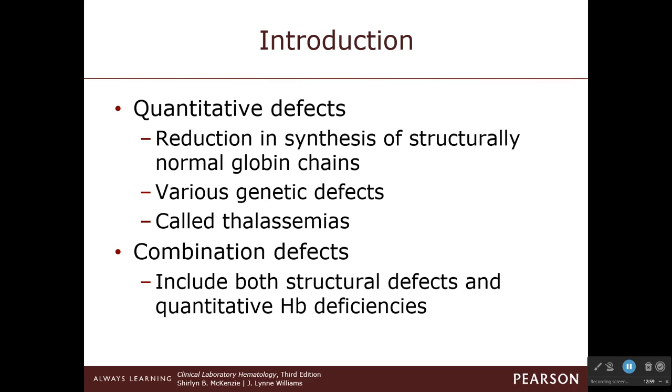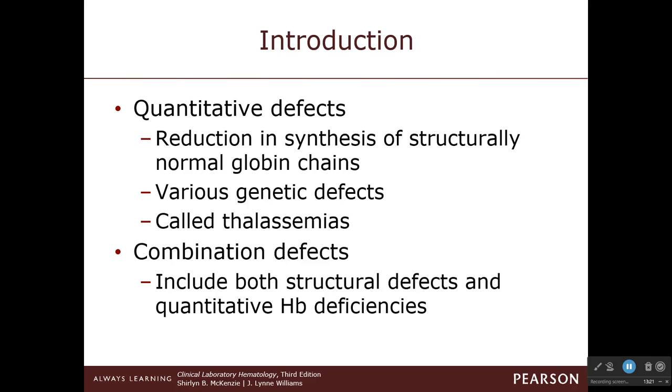So thalassemias can be very detrimental, especially the alpha ones. You could also have combination effects. There are people who have hemoglobin S but also have thalassemia, usually beta thalassemia, okay? But they have a form of thalassemia plus a qualitative hemoglobinopathy.